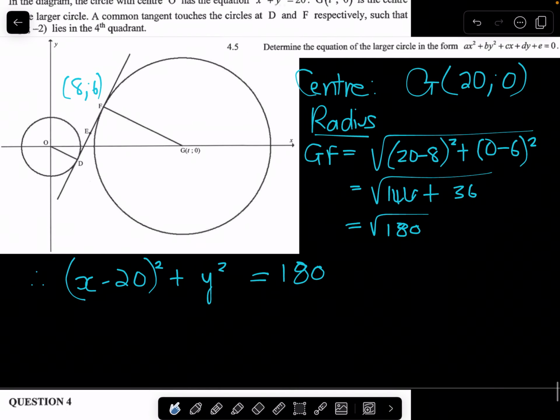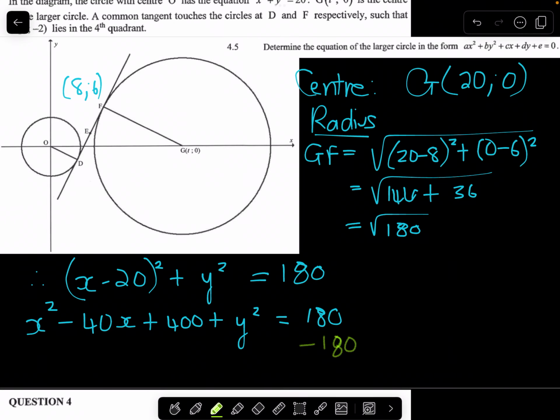Okay, right. So if we expand this, we get x squared minus 20x plus 20 times 20 plus y squared is equal to 180. Okay, and they want a 0 on the right hand side. So we are just going to minus 180 on both sides.